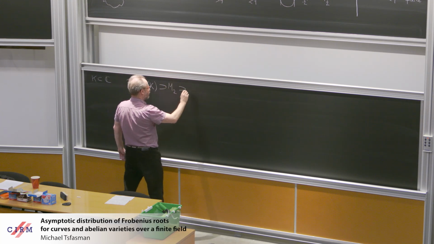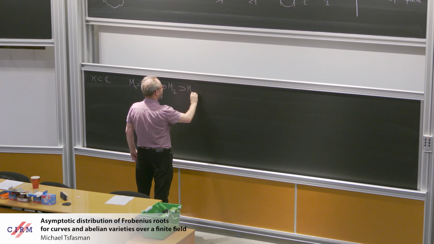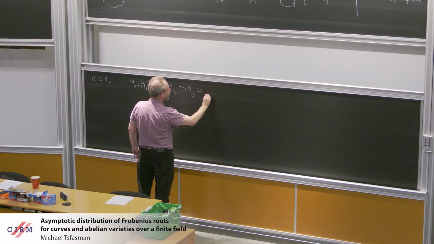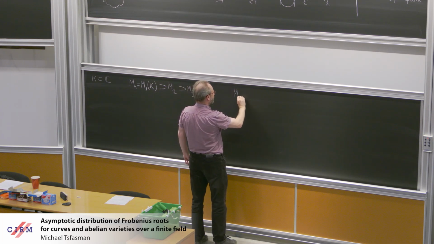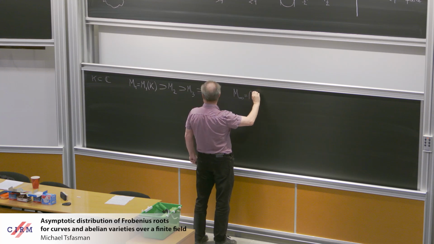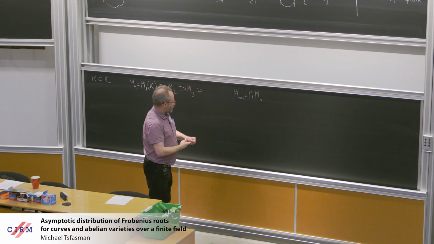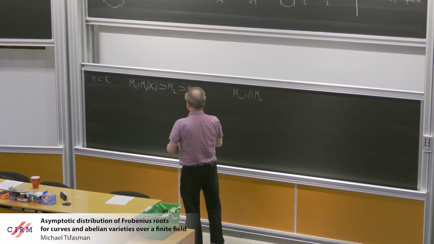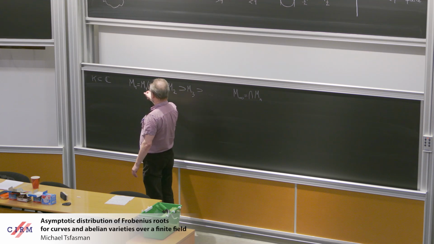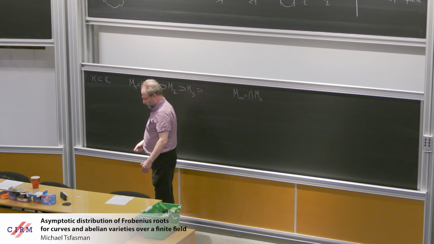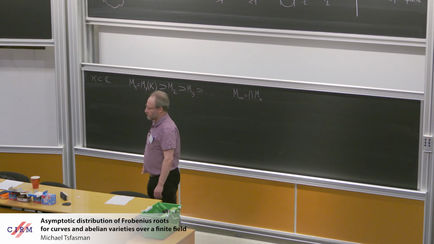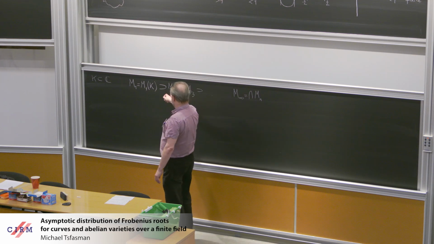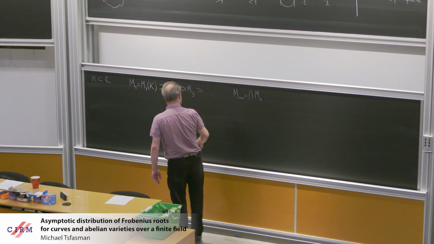I throw out one more, I get M3, and so on. And I say that M infinity is the intersection of all these Mn's. Now, if you have some measure that corresponds to some polynomial, of course it's an atomic measure, so all the measures here are atomic.